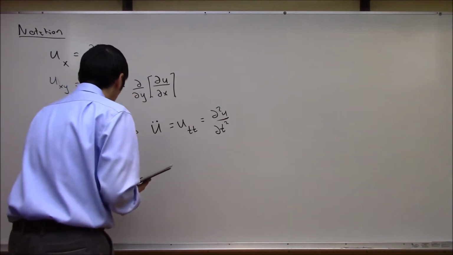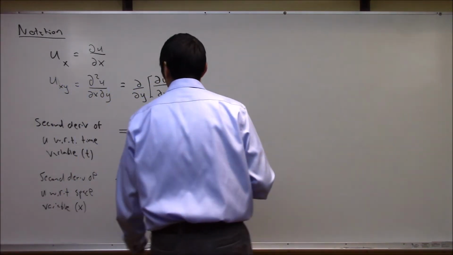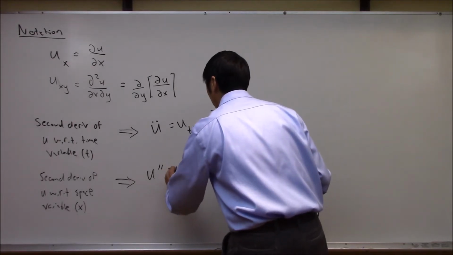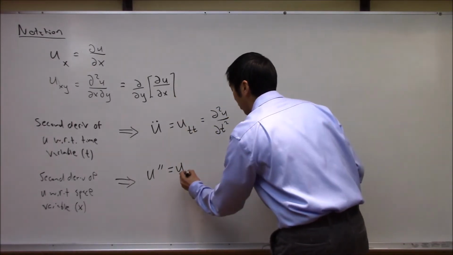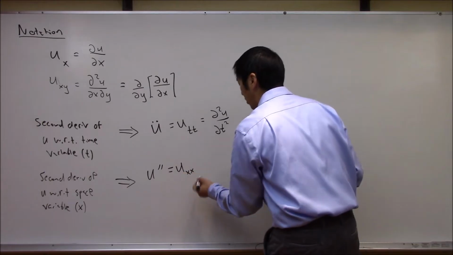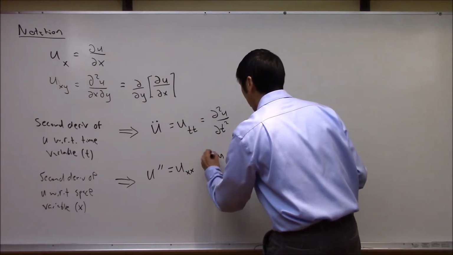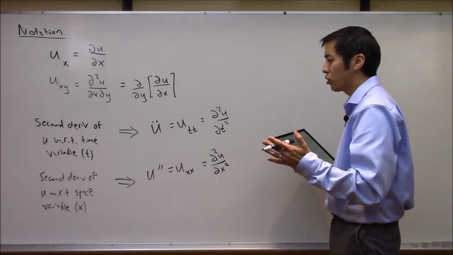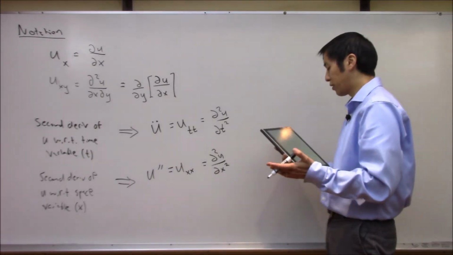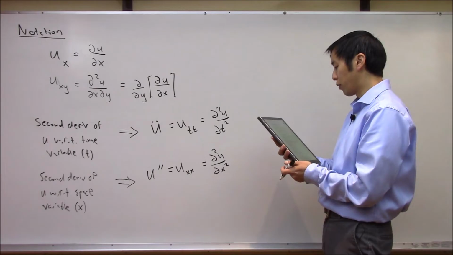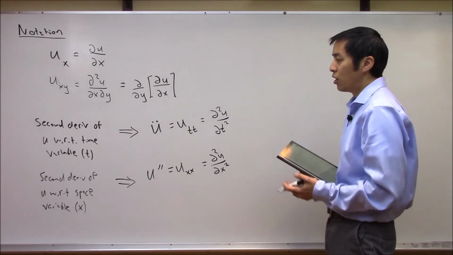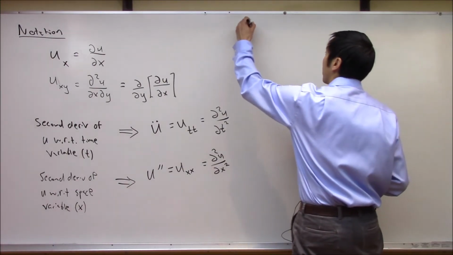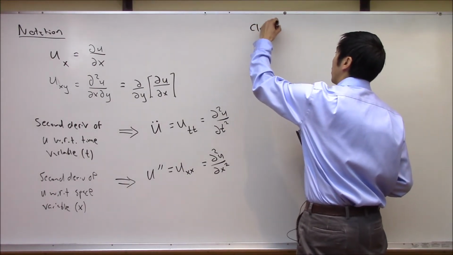The alternative notation you might see for that is u prime prime, which, using our subscript notation we talked about earlier, is just u_xx, which is partial squared u with respect to x squared. So again, the dots usually denote a derivative with respect to time, and the primes denote a derivative with respect to space. Okay, with some of that notation out of the way, why don't we also talk a little bit about classification of PDEs?